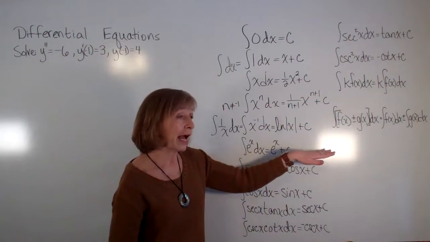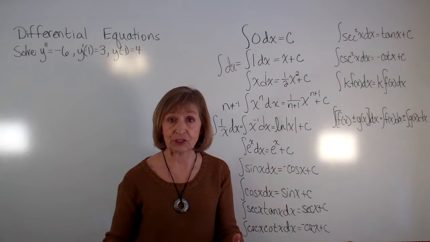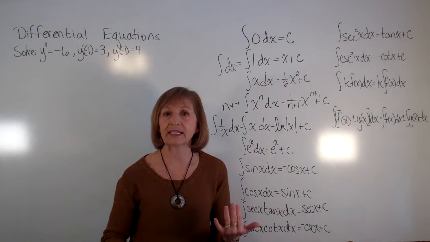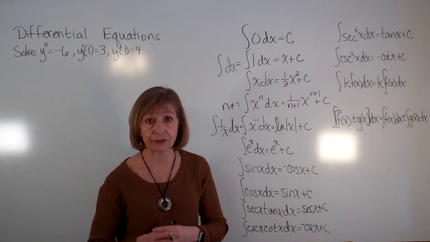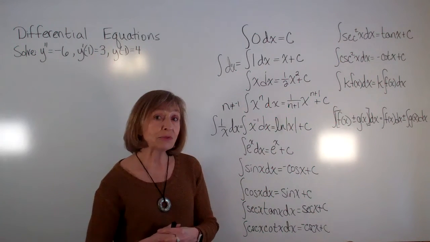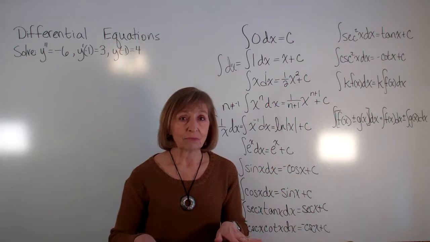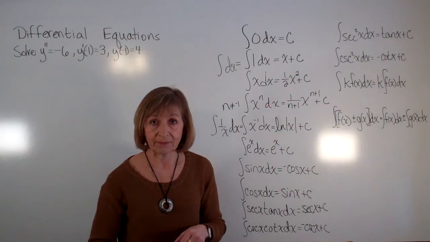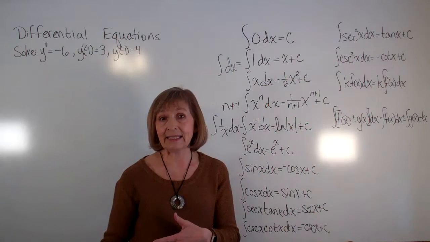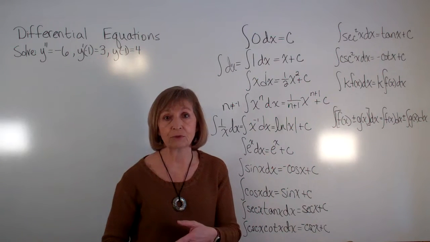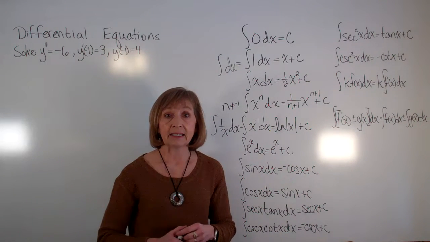Now notice, I do not have a property over here that says anything about the integral of f of x times g of x dx. And in fact, we won't get one. There isn't an integral rule for the product of two functions in general. I also don't have one for the integral of f of x divided by g of x dx. We don't have it here, nor will we get one. So the main thing you need to realize is that sometimes we need to rewrite these integrands if they involve some sort of a product or a quotient so that it conforms back to something that we can integrate.